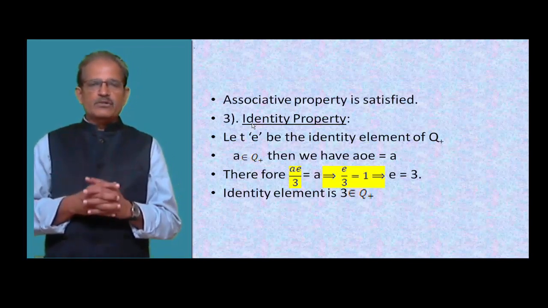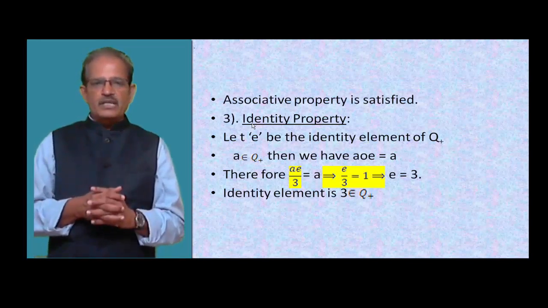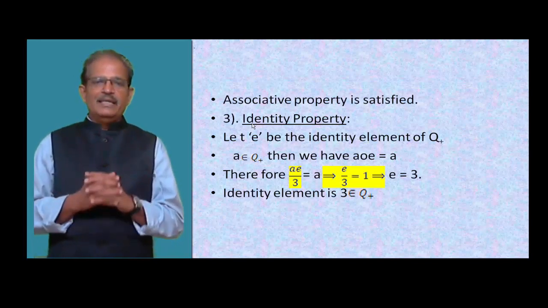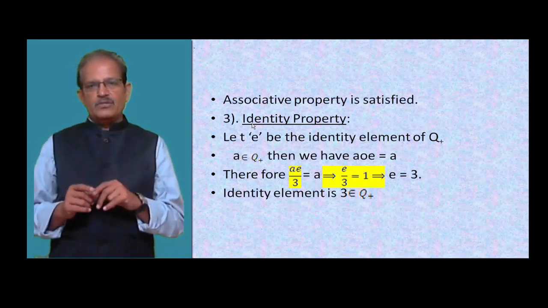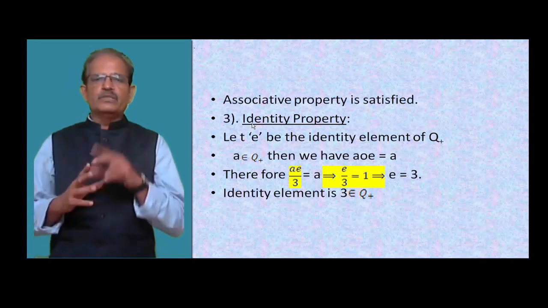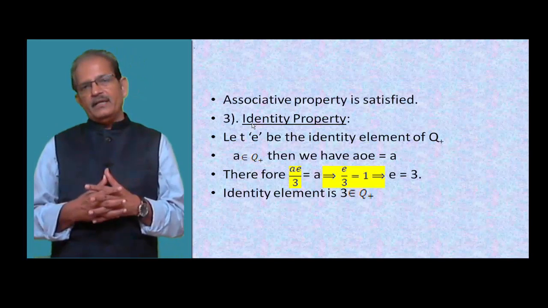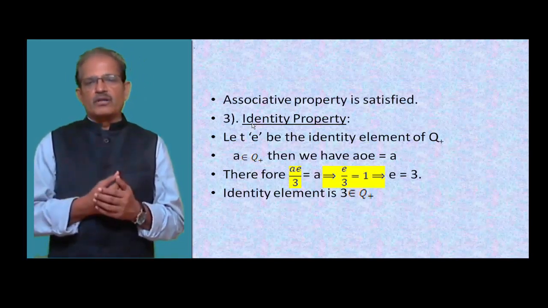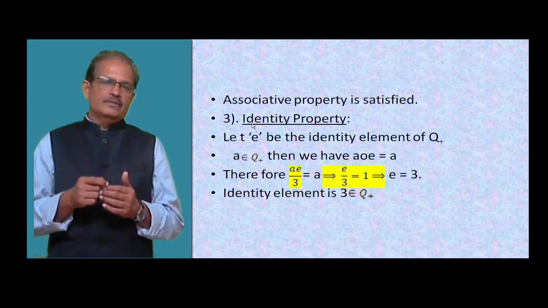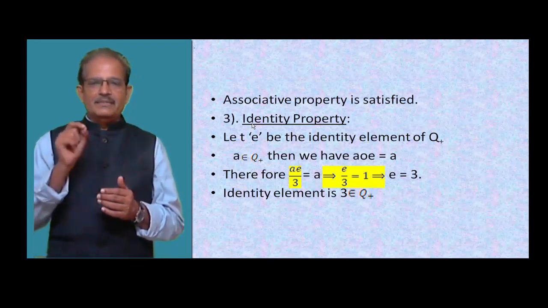So AE by 3 is equal to A means A gets cancelled on both sides. That implies E by 3 is equal to 1. So when E by 3 is equal to 1, that implies E is equal to 3. So in the beginning, we assumed that E is the identity element, and finally we got the identity element for Q plus is 3.